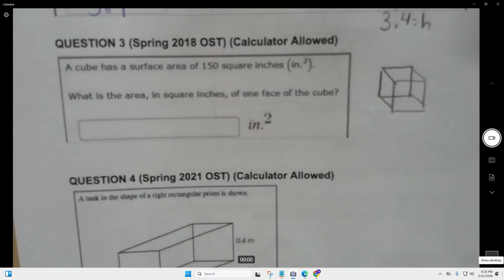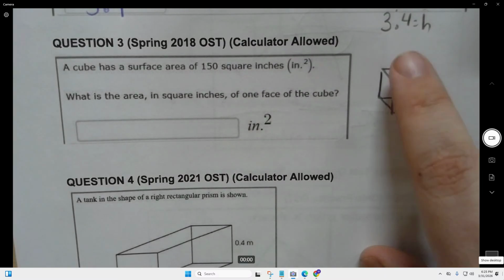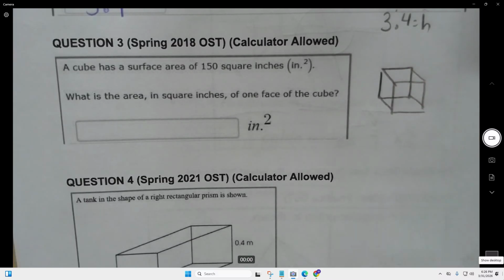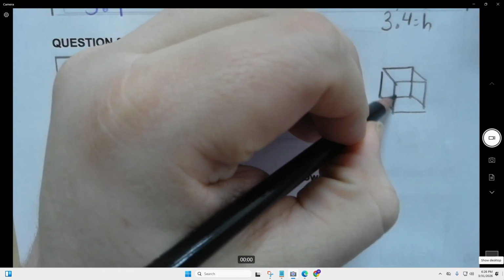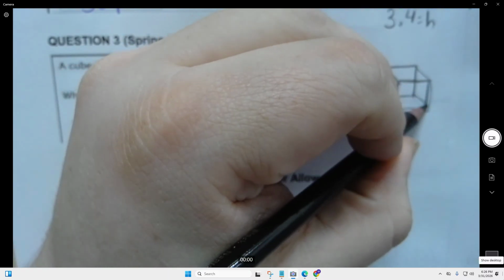So surface area represents how much all of this white space on the cube takes up. Now, because this is a cube, all of these are squares, which means all the side lengths are identical.